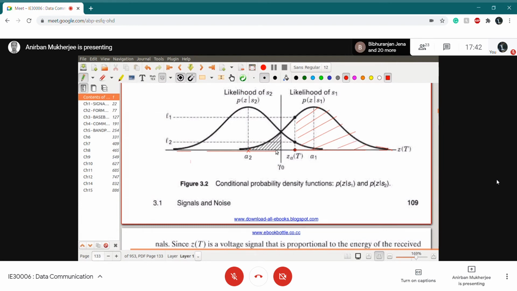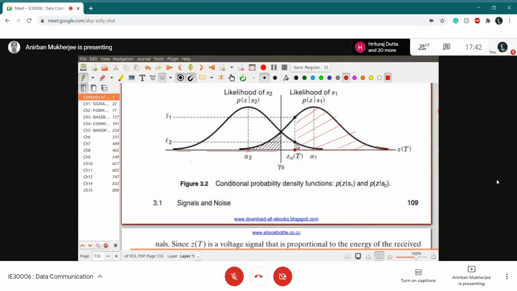And what about the false alarm? This is from here. What is my error? The error is basically this side.